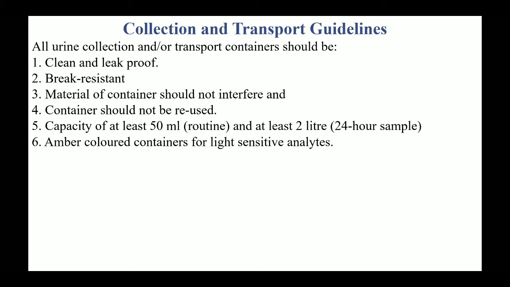So first the patient should check the container for any contamination, or whether the container contains any dirt or not. When he finds that the container is clean, then he can use that container for his or her urine collection. So that is the first criteria.